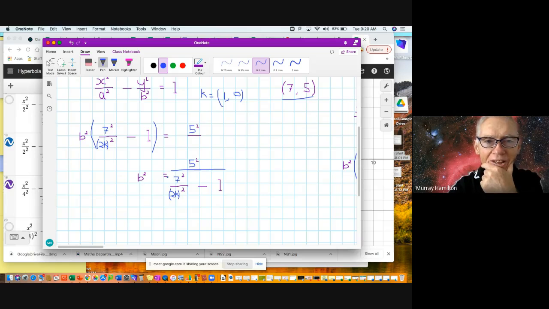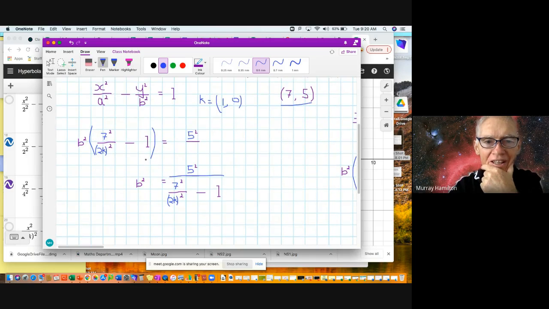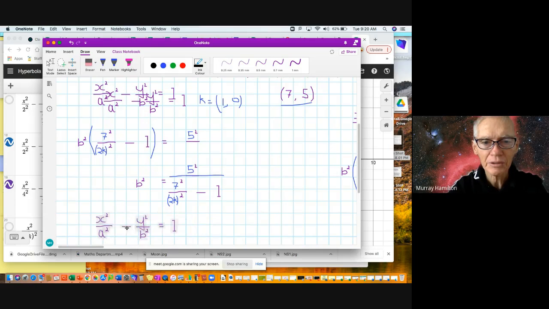So our generalized formula then is x squared over a squared, which will be x squared over 2k squared. I'll just copy this out again. We'll write it here, and then I'll show you how it works. Some of you have probably already worked this out and know how to do it anyway.